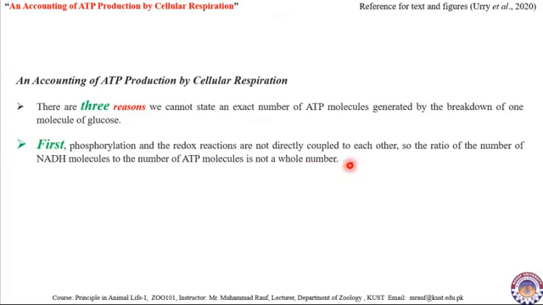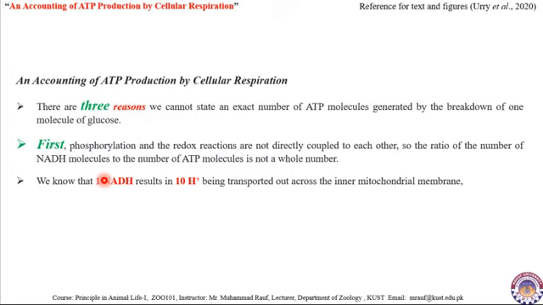So we cannot say that 10 NADH molecules will produce that number of ATP molecules, because the processes occur in different compartments. Now we know that one NADH results in the pumping out of 10 hydrogen ions, or 10 protons, into the inner mitochondrial membrane.